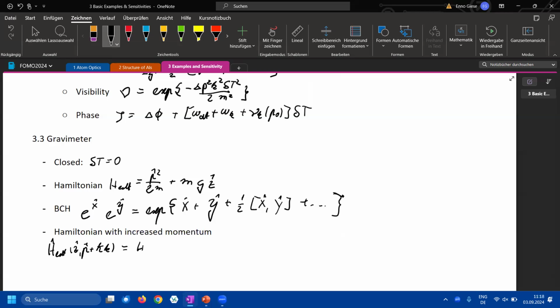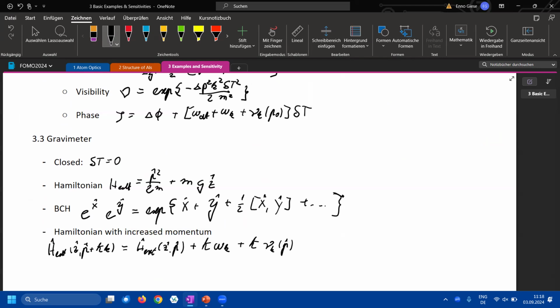So we reproduce H external of Z and P, but we get two further contributions, and this is again the recoil frequency and the Doppler frequency, plus h bar omega k plus h bar nu k of P. Okay. So I guess that's fine for you now, since we squared P plus h bar k.